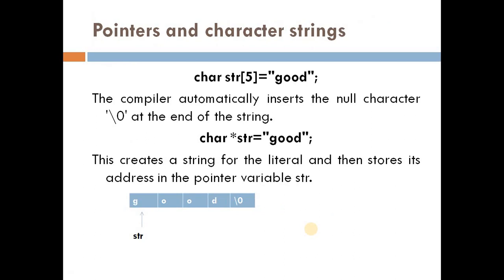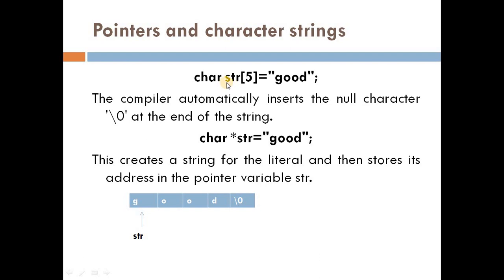Next we'll move on to the last point, that is pointers and character strings. Here we have declared a string. Strings are treated like character arrays and therefore they are declared and initialized. So here we have declared an array similar to an integer array, but the data type is character.